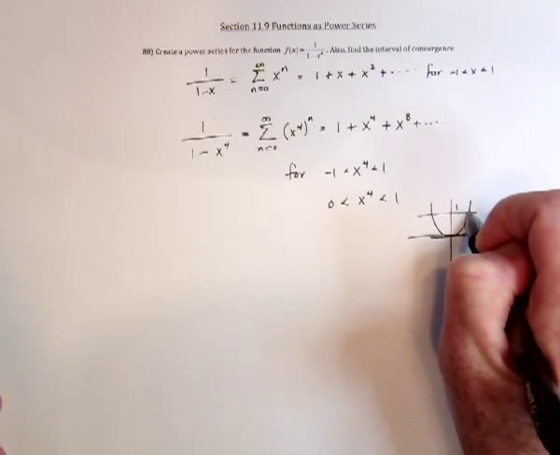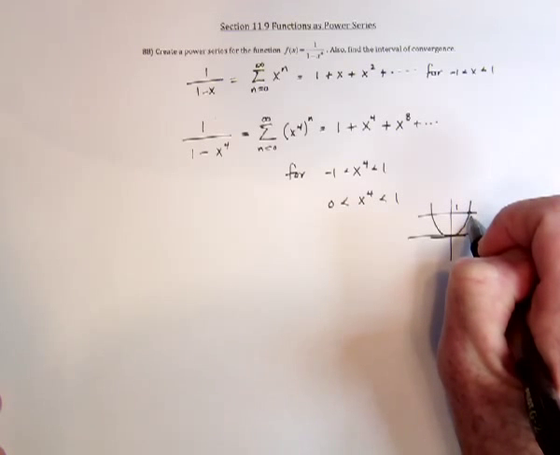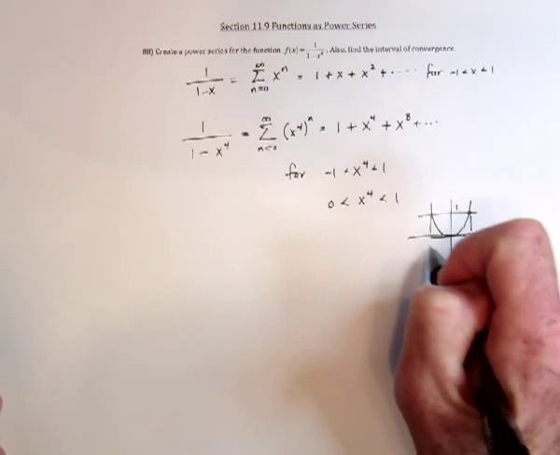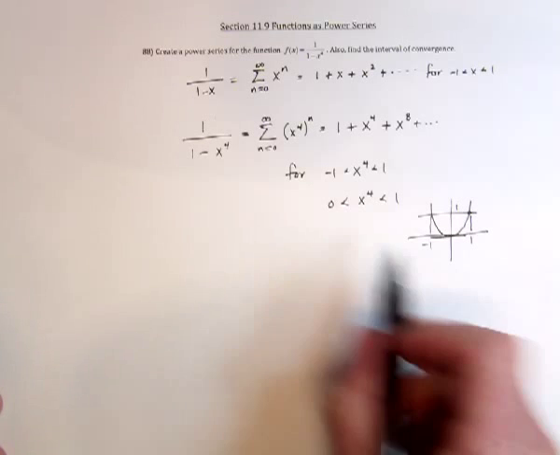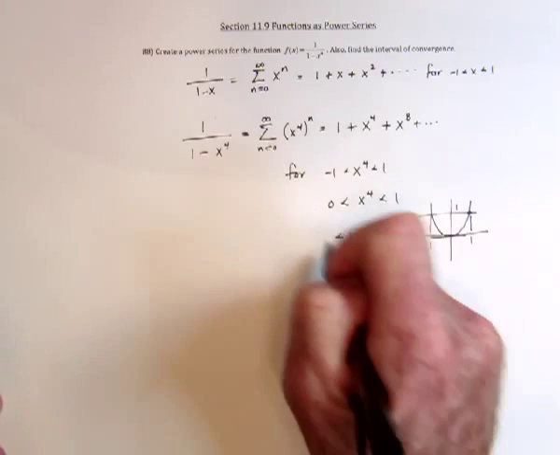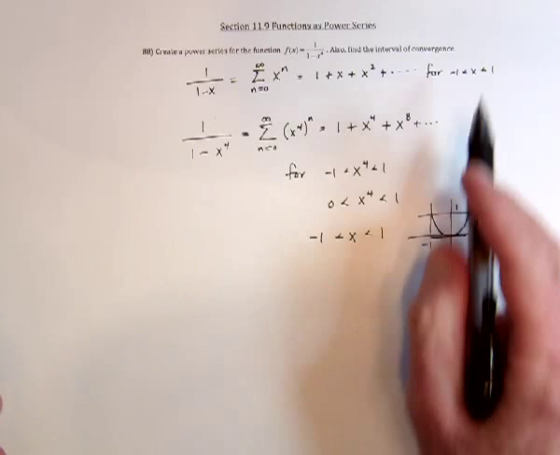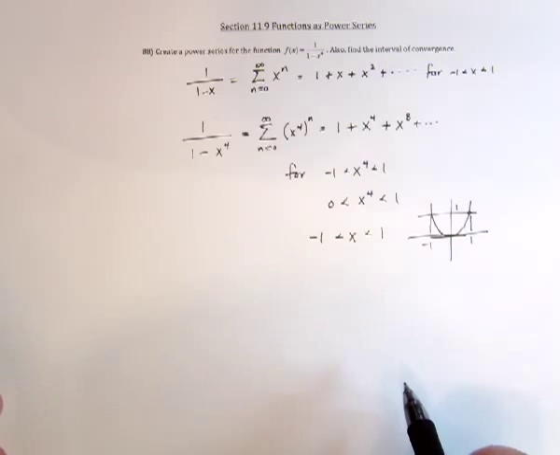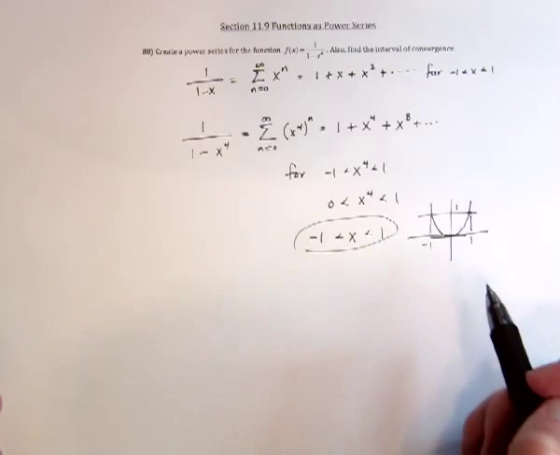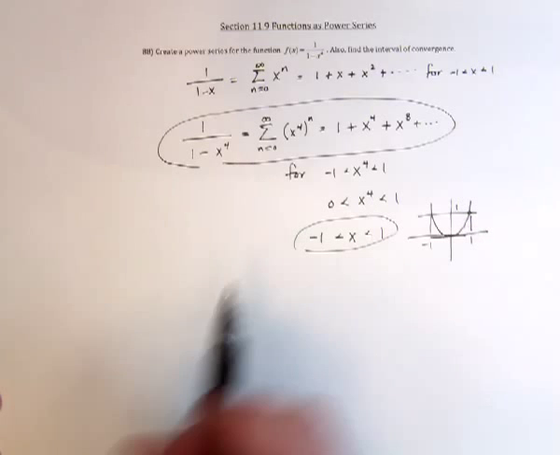Well, right here, if you take the fourth root of 1, you'll find out that's 1, and right here, that's -1. So when you take the fourth root, then actually x is between 1 and -1. So we're back to the beginning range. Okay, so there we go, and there is the power series.